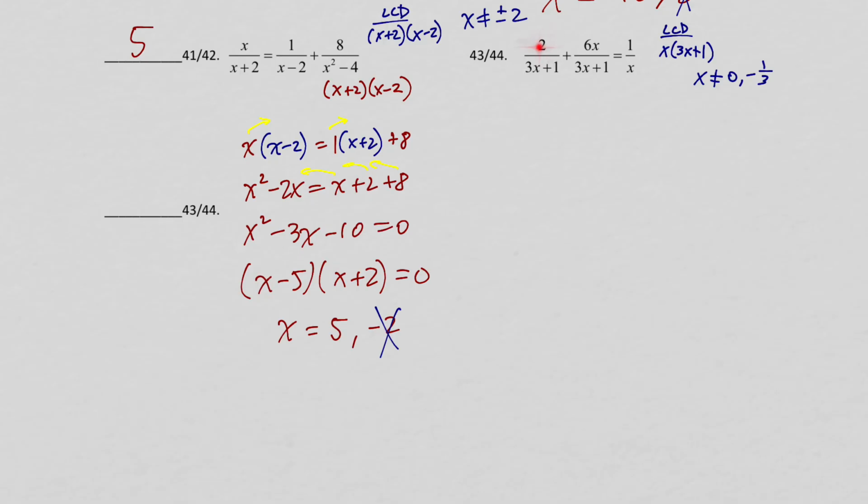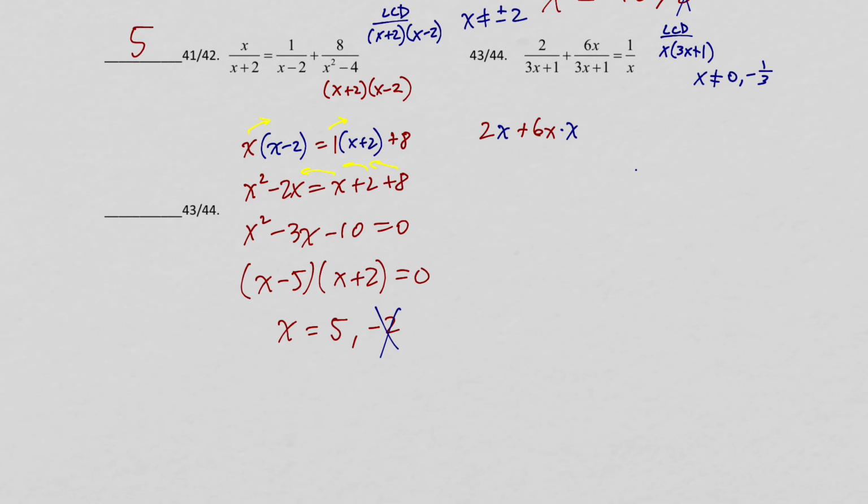I'll take the numerator of the 2 and I'll multiply that by what's missing from the denominator, which is x. Then I'll take the plus 6x and I'll multiply that by what's missing from the denominator, which again is x.